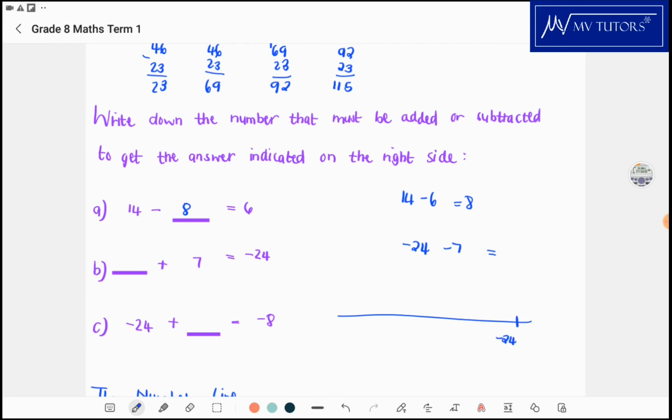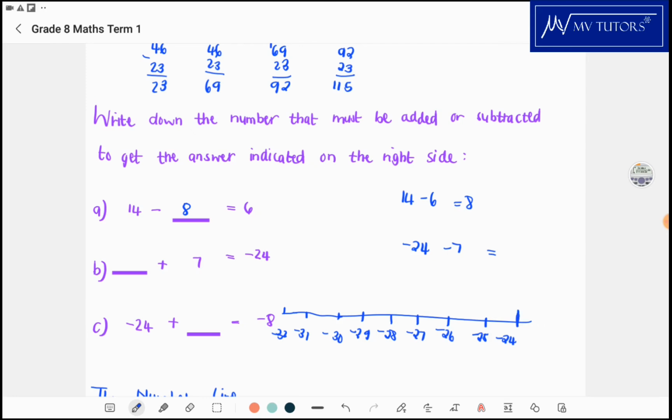So I have minus 24, minus 25, minus 26, and I go on and on. You can actually use your calculator, but remember we want to understand this first before incorporating the calculator. Okay, minus 30, minus 31, lastly minus 32. I hope it fits.